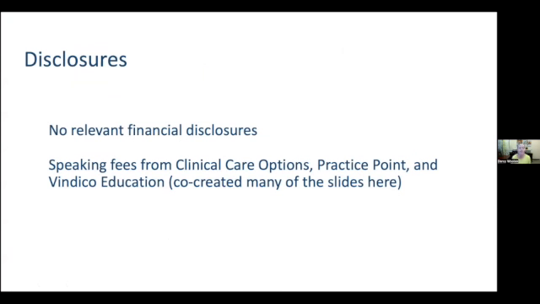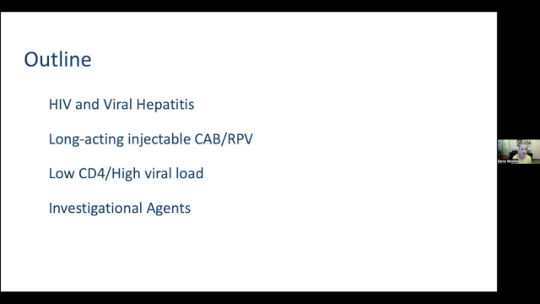I do receive speaking fees from educational companies, and many of the slides that I'll be presenting today I've co-created with them. So here's an outline of the topics that I'm going to cover. I'll review mostly abstracts that have been presented at meetings and conferences over the past 6 months, focusing on HIV and viral hepatitis, long-acting injectable cabotegravir and rilpivirine updates.